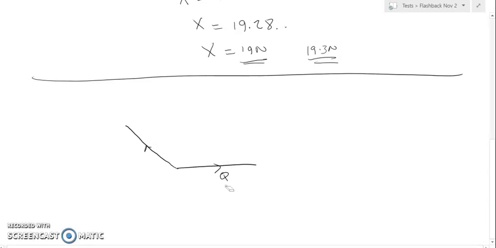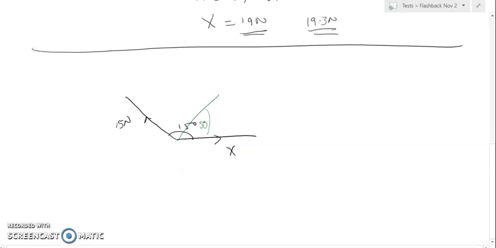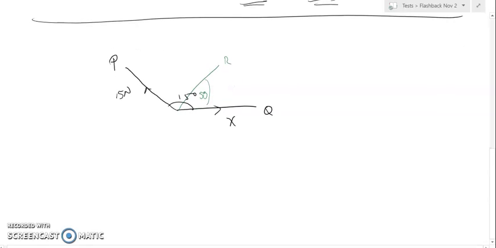So in this question it will be a triangle. And that was x, and this was 15 newtons, this angle was 150, and then we had our resultant, over here, an angle of 50. And with triangular forces, you basically draw one force, and at the end of that force you draw the second force, and at the end of the second force you draw your third force. And the whole point is, if the particle is in equilibrium, then you should get a triangle.